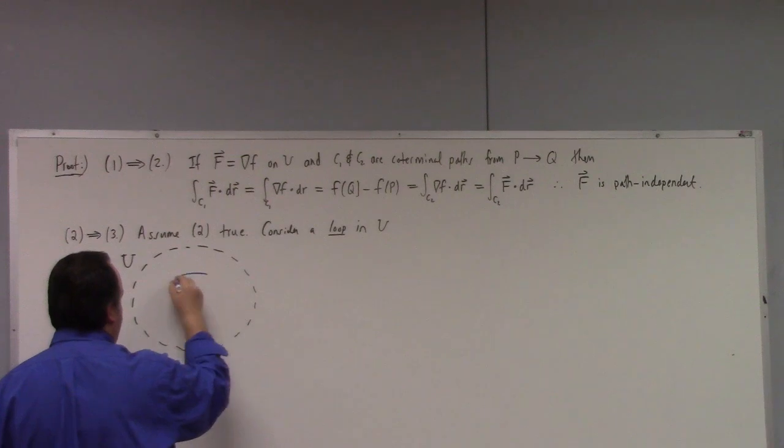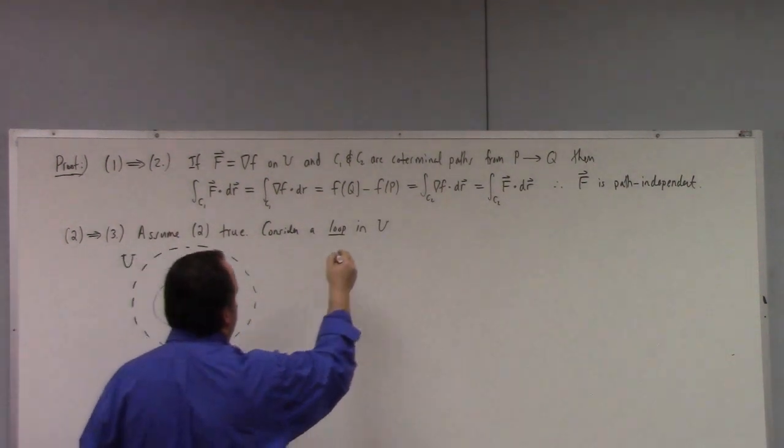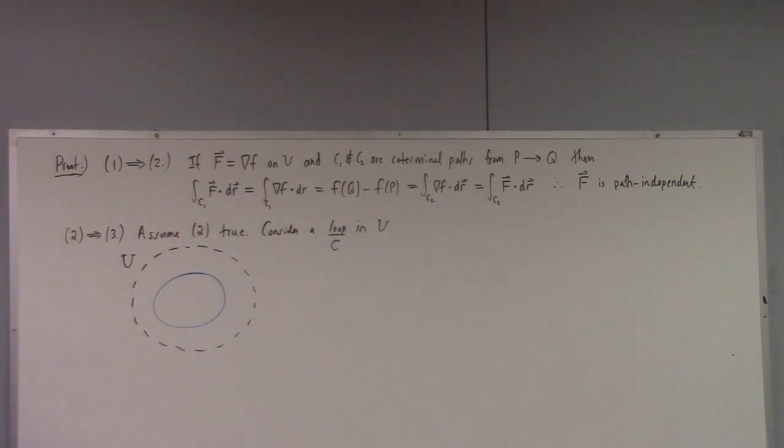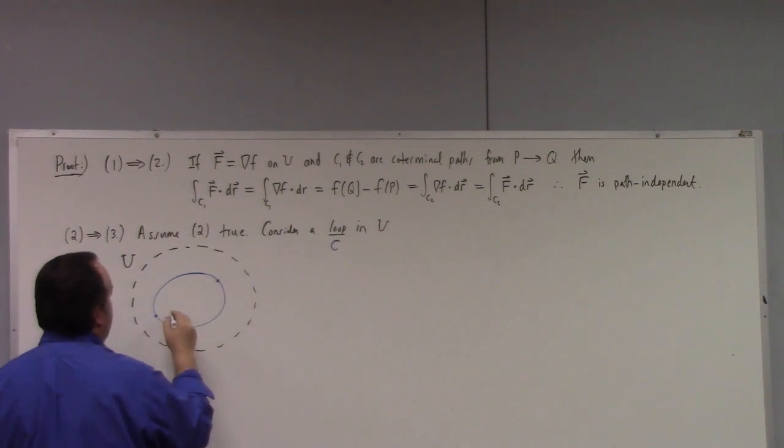Something like this. There's my loop. Let me call it C. Now what can I do? How about this? Pick any 2 points. Can you do that? I think that's a reasonable thing to do. Pick a point P and a point Q.